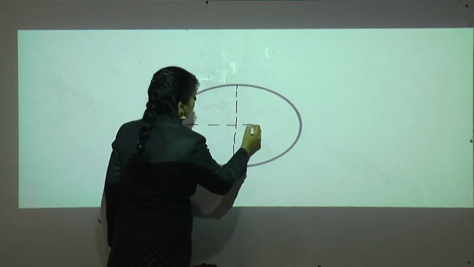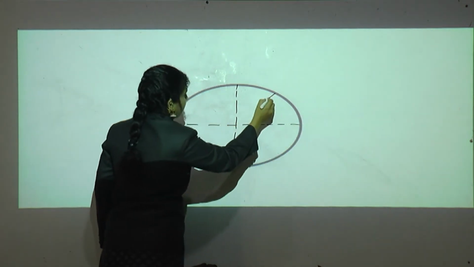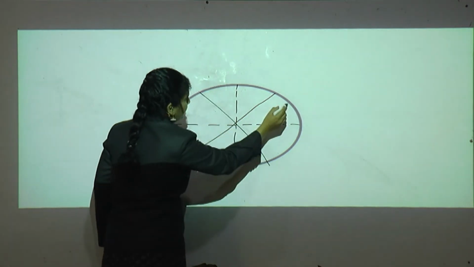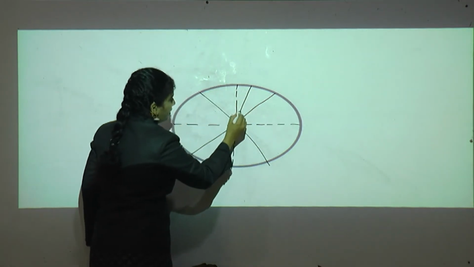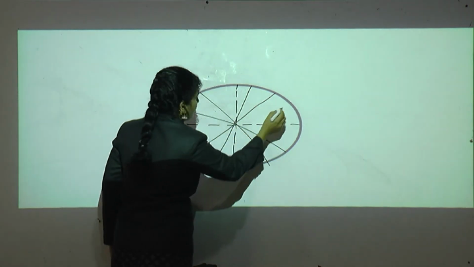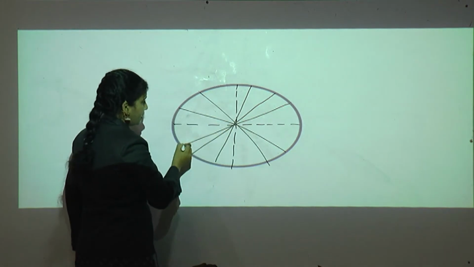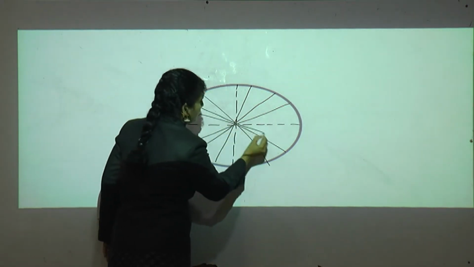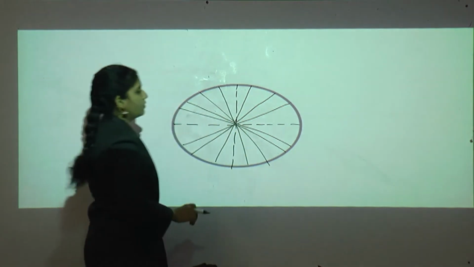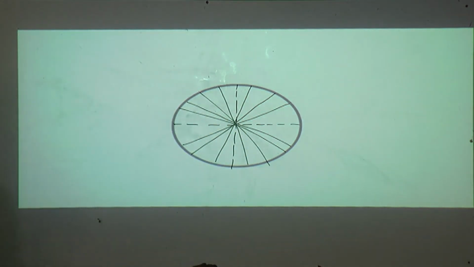Here also horizontal will get two equal parts. You can draw like this, even here, again this side, here also. So in this way you can draw many axes of symmetry. Okay, so that means circle has infinite axes of symmetry.